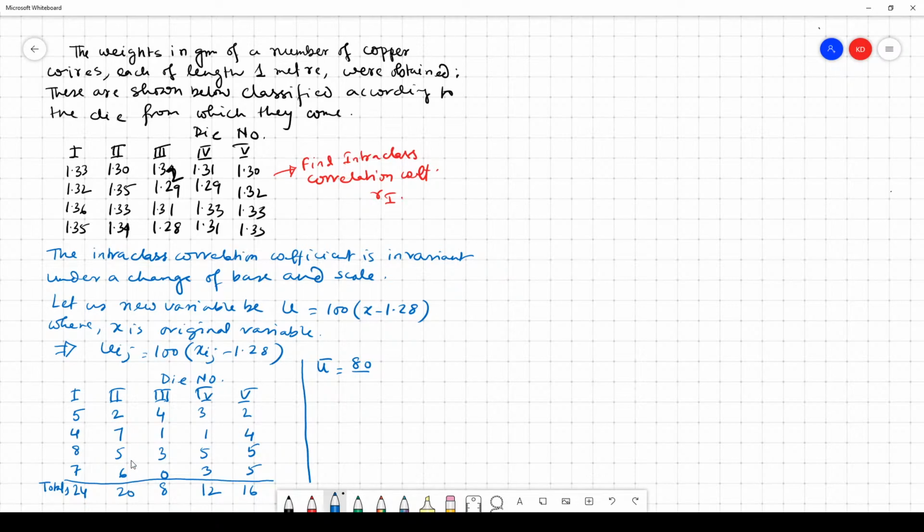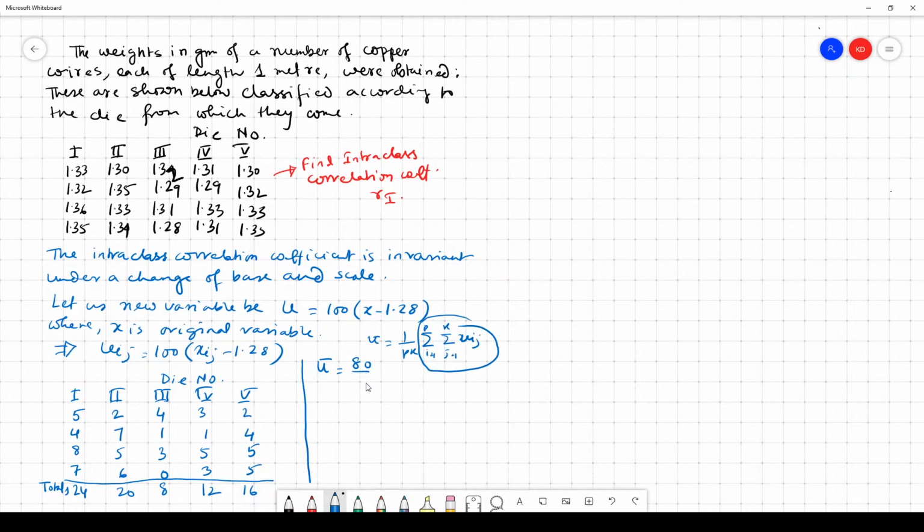If you look at the formula of u bar, because the family sizes are the same, then u bar equals 1 by pk, sum over i from 1 to p, j from 1 to k, u_ij.